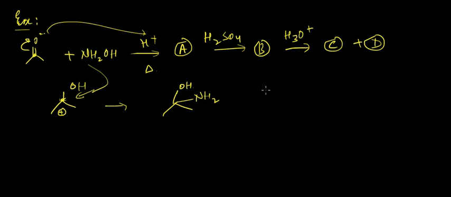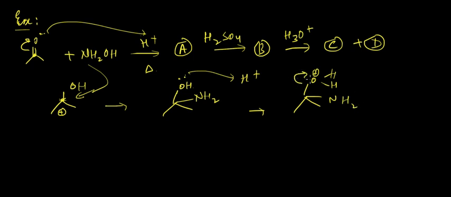Next, what will happen is, as a result again, the lone pair of oxygen atom will again attack on H plus, and as a result we'll get something like O plus H. Okay, next what will happen is this water molecule will be leaving this carbon atom, and this nitrogen atom would be forming a double bond between itself and the carbon atom, and we'll get something like this.